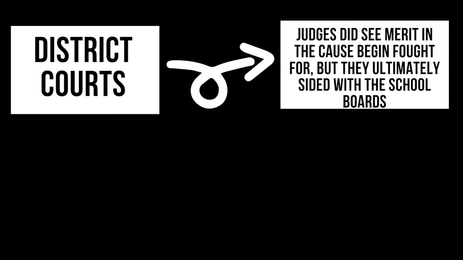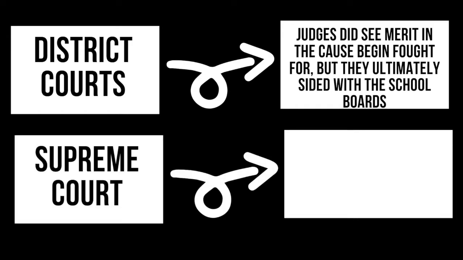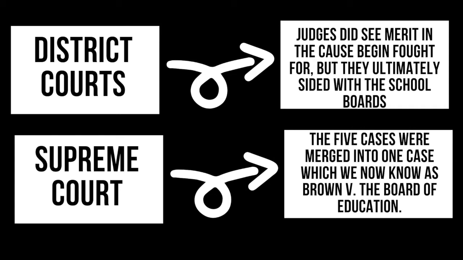When these cases were originally fought in district courts, judges did see merit in the cause being fought for, but they ultimately sided with the school boards. When taken to the Supreme Court, the 5 cases were merged into one case, which we now know as Brown v. the Board of Education.